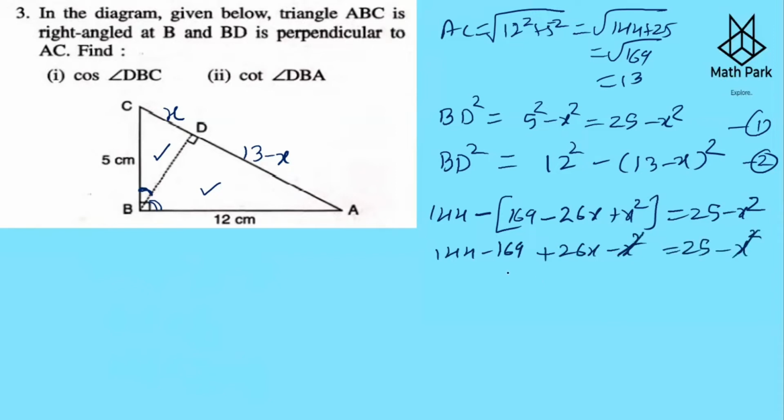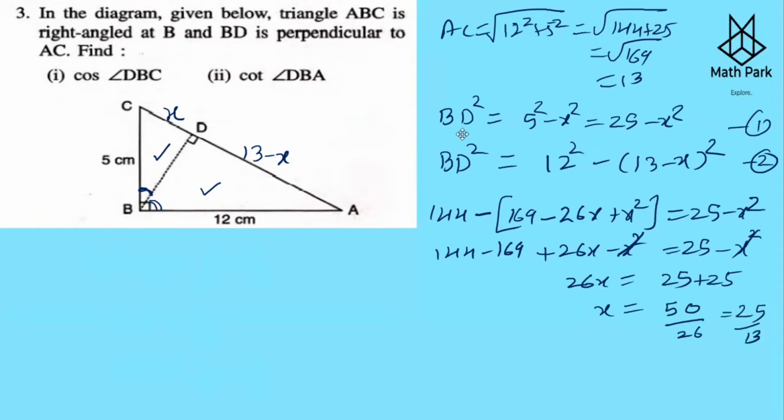This minus x square will get cancelled. 144 minus 169 is minus 25. So 26x is equal to 25 plus 25. So x is equal to 50 upon 26, which is 25 by 13. This is the value of x.